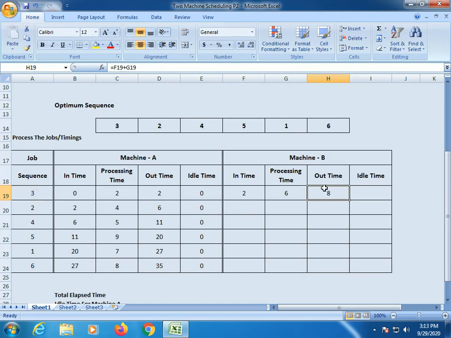That means at the 8th hour we have completely performed the third job. First we process that job on machine A, then we process the same job on machine B. So at the 8th hour we completed the job on both machines. It is a 2 machine scheduling problem.